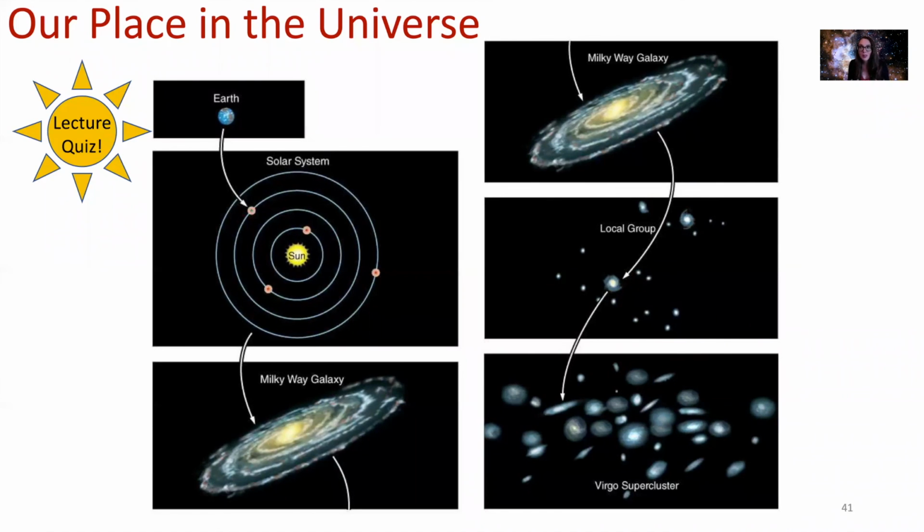The local group is a local collection, local in our nearby area of our universe, a local collection of a few galaxies that are bound together by their mutual gravity. And then beyond our local group, we get to something called the Virgo supercluster. And the Virgo supercluster is a collection of more of these smaller collections of galaxies that are again held together by their mutual gravity.